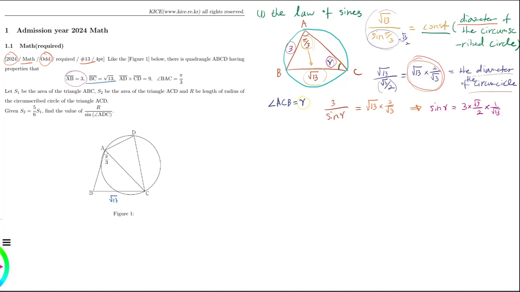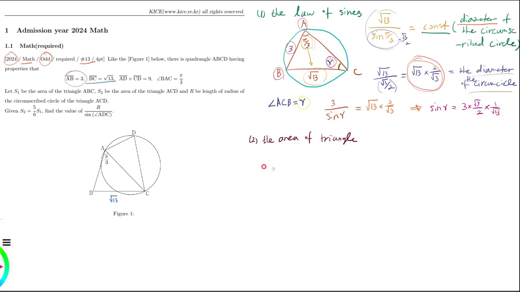So the first point is the law of sines. The second point is the area of a triangle.